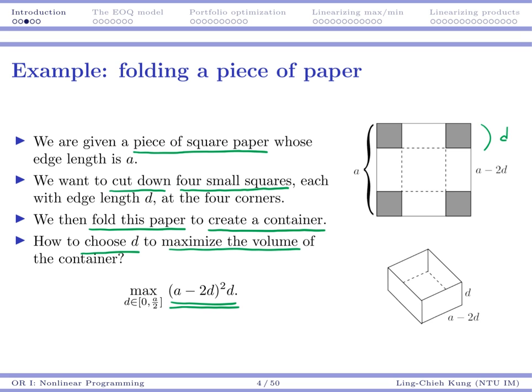So we all know that the volume of this particular container is the area of the base multiplied by the height. So the base would have this area a minus 2d, or a minus 2d squared, and then multiply it by the height. So a minus 2d squared times d, that would be the volume. We want to choose a small d to maximize this volume. Okay? Again, you have square terms, you have product terms. So this is a nonlinear program.